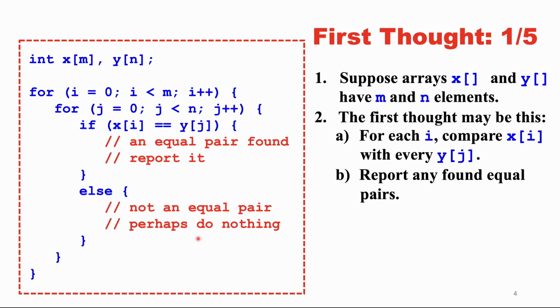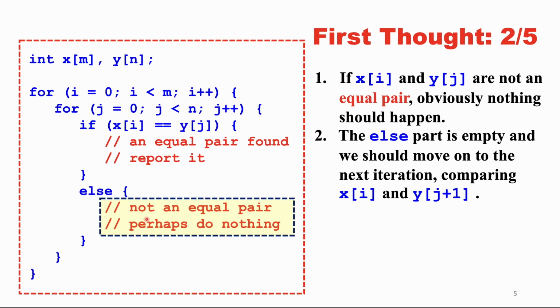And if they are not equal, then perhaps we don't need to do anything. We just advance to the next j. So keep looping until all j's are tested. We go for the next i. This is probably what a beginner may come up with.